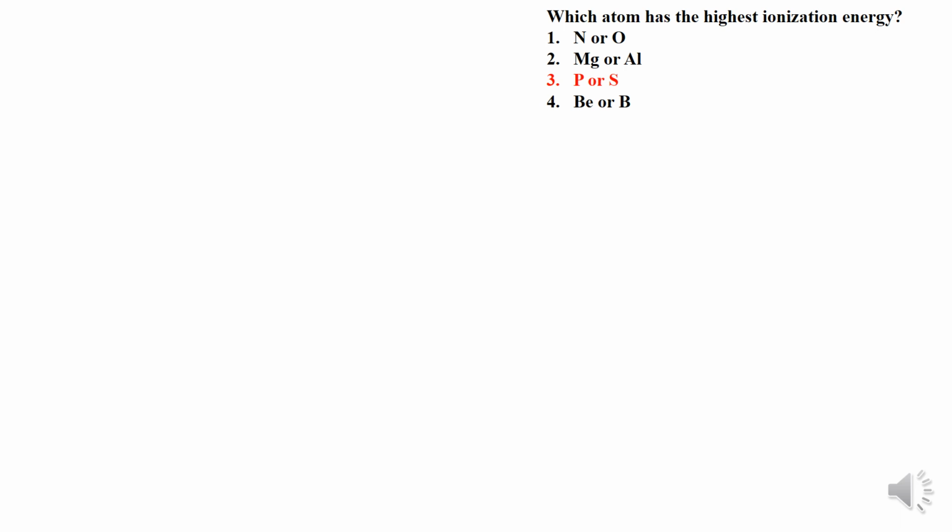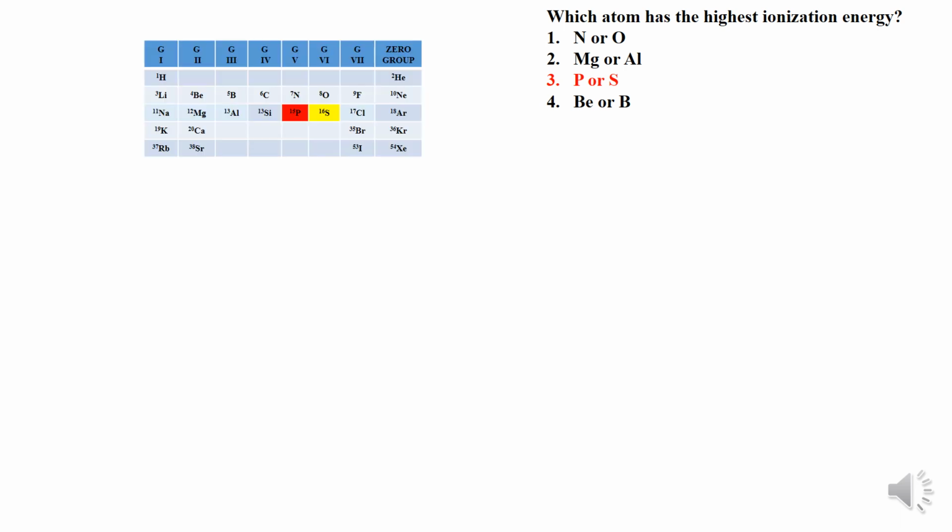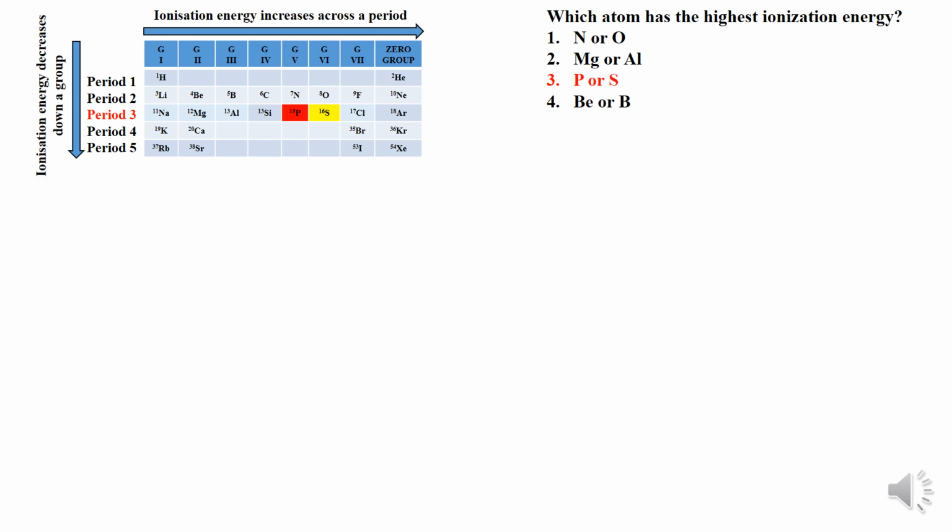Now, which atom has the highest ionization energy, phosphorus or sulfur? Again, period 3 elements. Let's take a look at the electronic configuration first. Phosphorus has a stable electronic configuration 1s2, 2s2, 2p6, 3s2, 3p3.